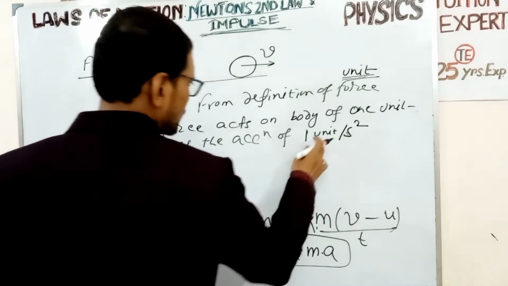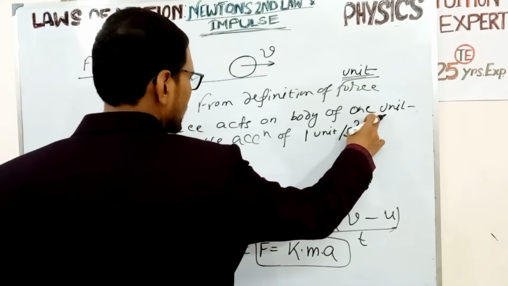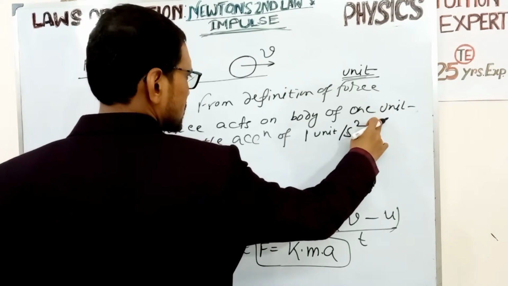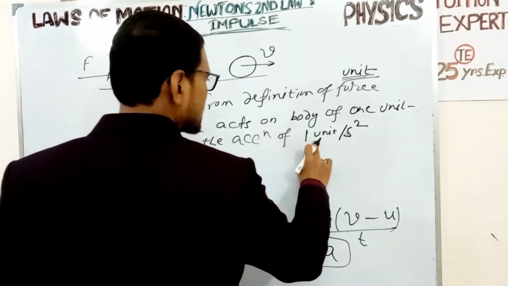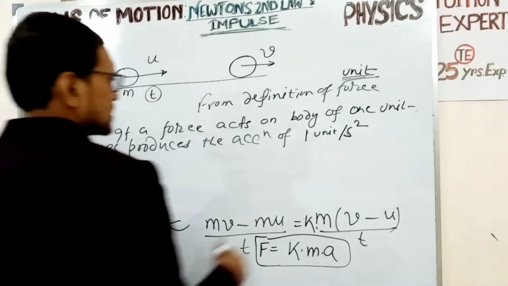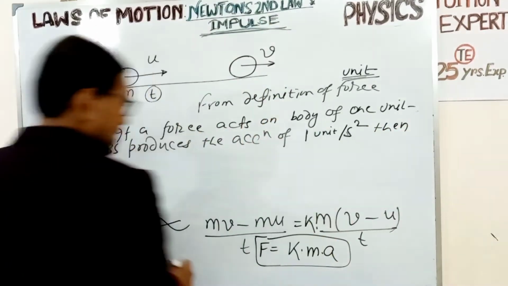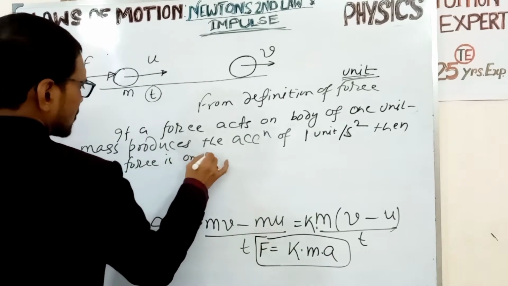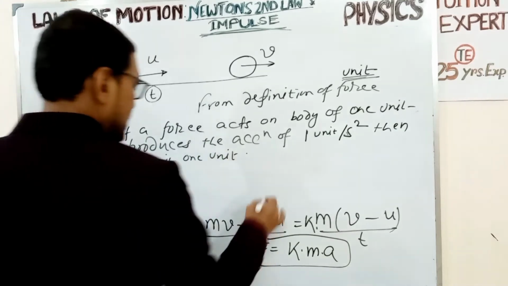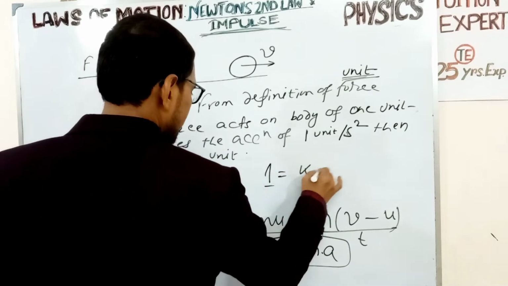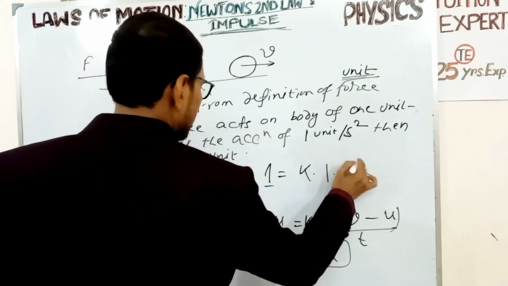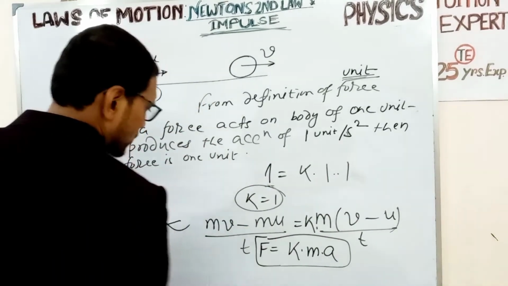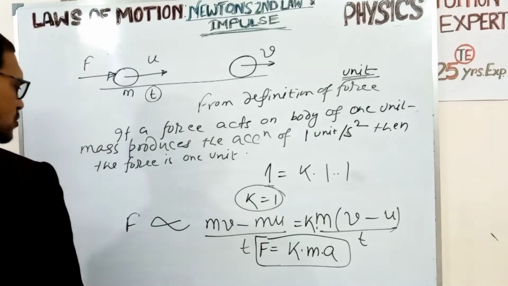If we take the mass of the body as 1 kg, then the acceleration should be taken as 1 meter per second square. Then the force is 1 unit. That is, F equals 1 when m equals 1 and a equals 1, so k equals 1. So we get this from the definition of unit force, k equals 1.